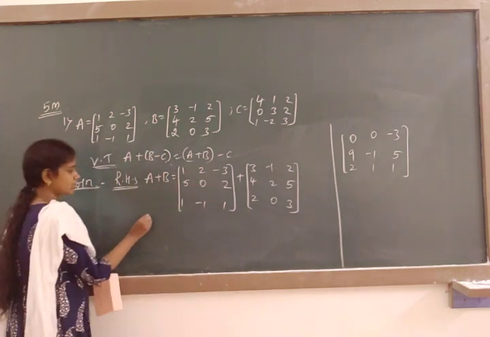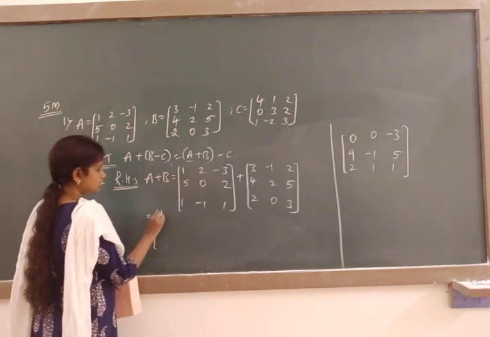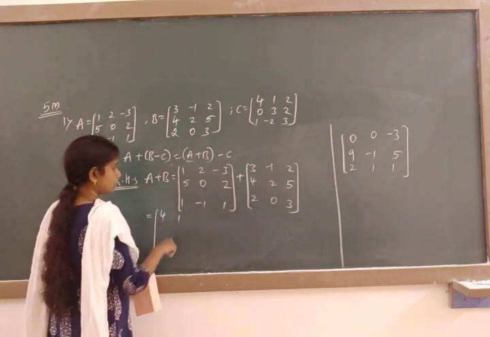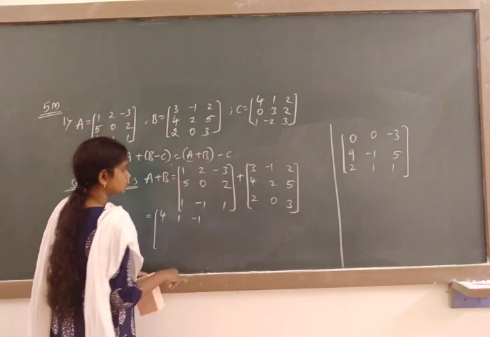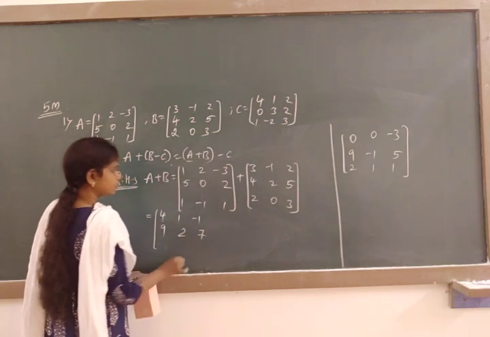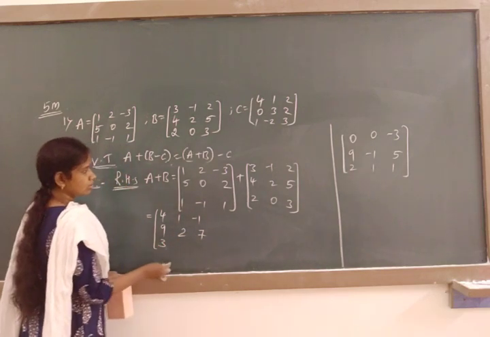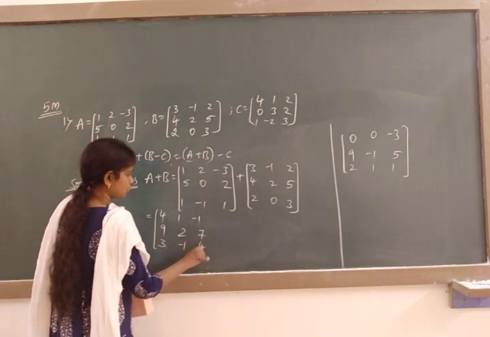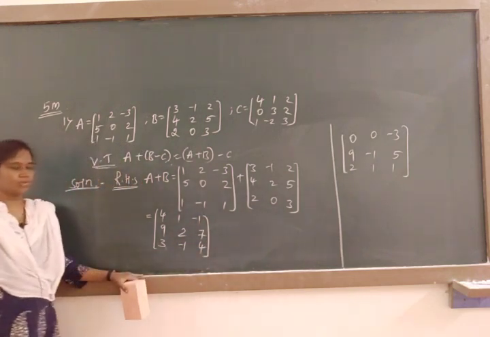Now add the corresponding elements. 1 plus 3 is 4, 2 minus 1 is 1, minus 3 plus 2 is minus 1, 5 plus 4 is 9, 2 is 2, 7, 3 minus 1... 2 plus 0 is 2, 1 plus 2 is 3... This is A plus B.